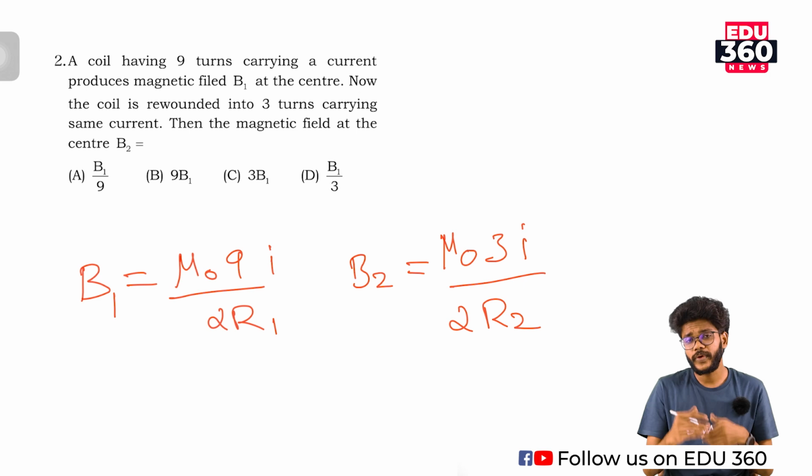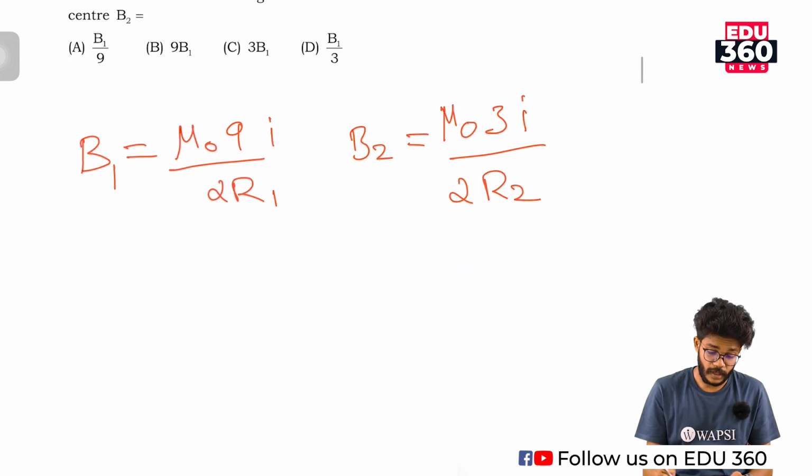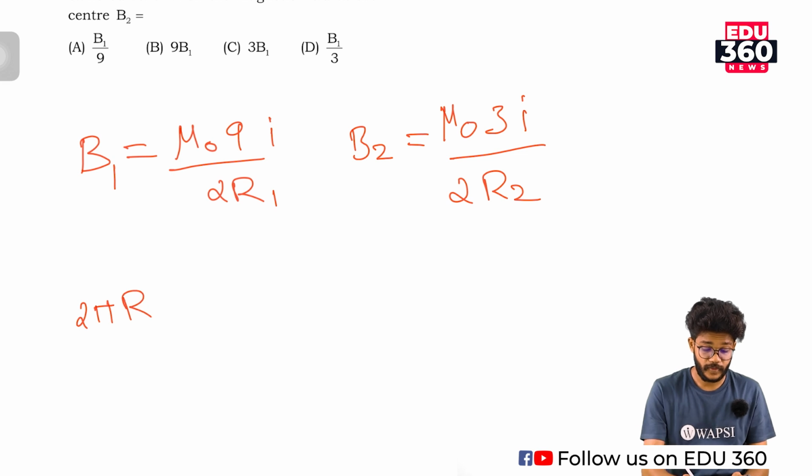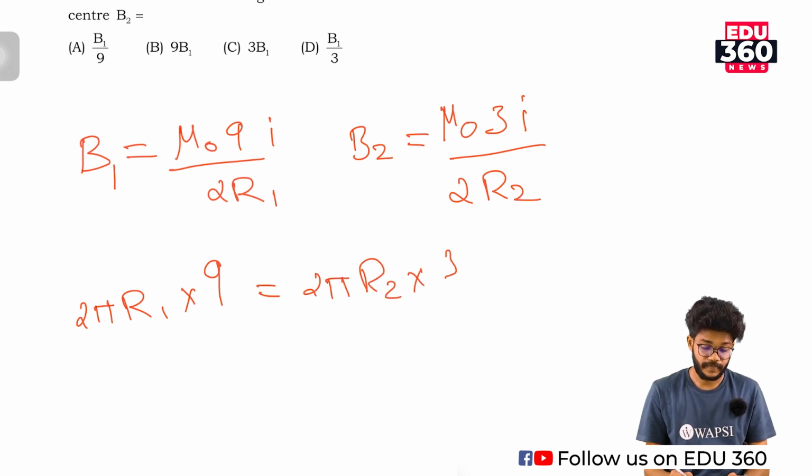Now we want to connect r1 and r2. The perimeter of the first circle is 2 pi r1, multiplied by 9, which is equal to 2 pi r2 multiplied by 3. So 9 r1 equals 3 r2.